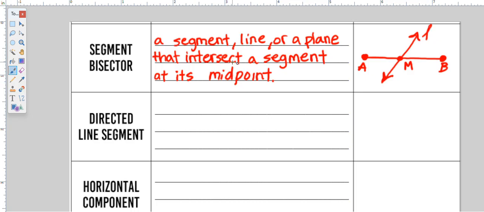So line L is a segment bisector. Okay, it is intersecting, it is cutting it into 2. Bi meaning 2. So it is cutting it into 2, and more importantly, it is cutting it evenly into 2. So it is perfectly in the center, okay?